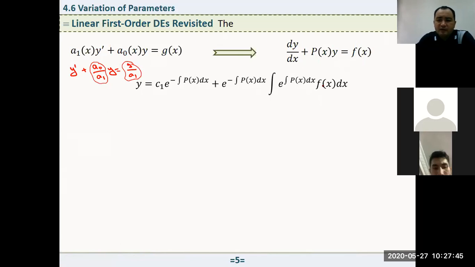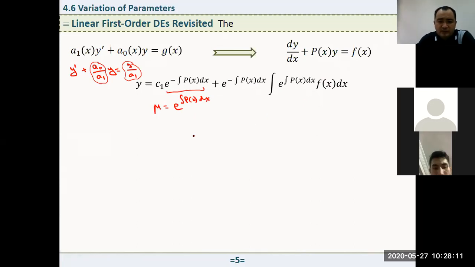After that, if you remember, we multiplied both sides by mu, and when we found mu, we got this. What is our mu? That mu is equal to e to the power integral p of x dx, right? And after that, we get this solution, if you remember.